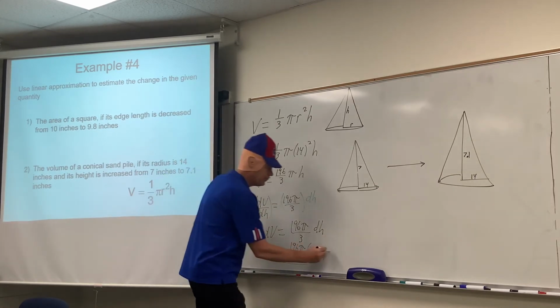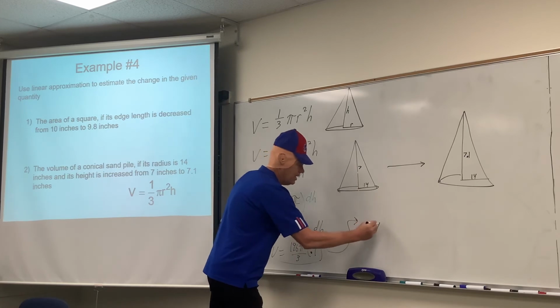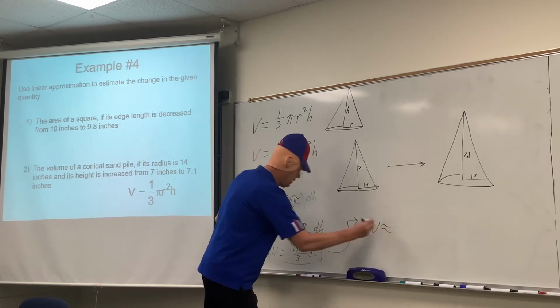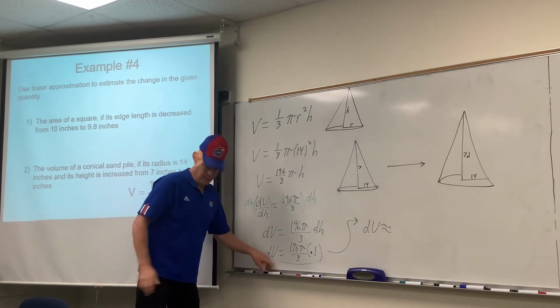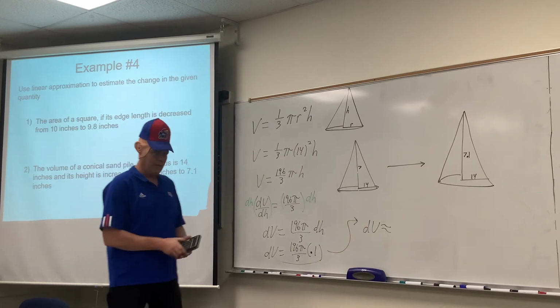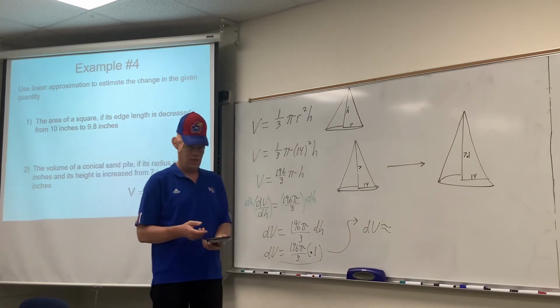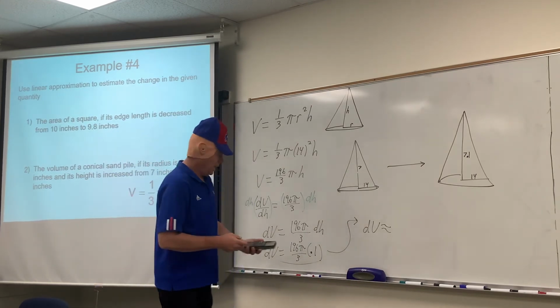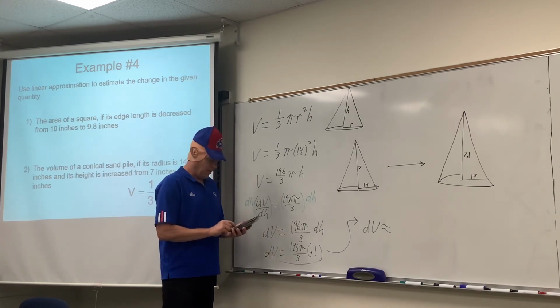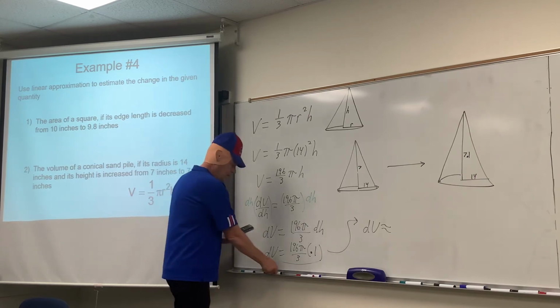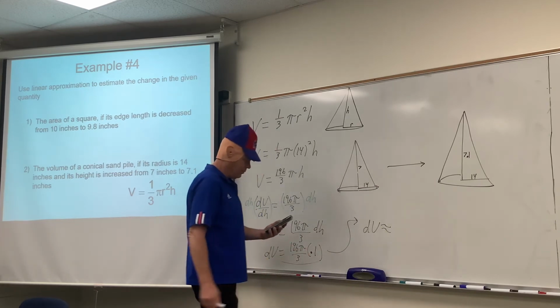And then it's just a matter of crunching that out in our beautiful calculator here. So Beldar will grab his calculator, his magic computing machine, and do the arithmetic. 196 pi divided by 3 times 0.1, and we get, I hope I did that right.